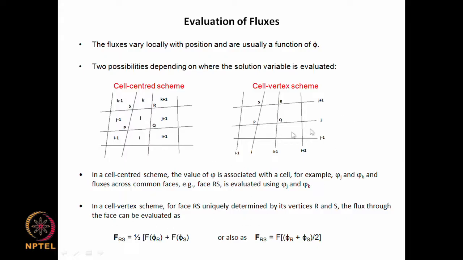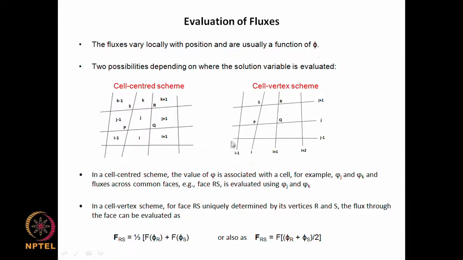In a cell vertex scheme, if you want to determine the fluxes, then it has to be evaluated using the vertex values. For example, if you know the variable value at R and S, then you can say the flux through this face RS is evaluated as 1/2, it should not be 1/3, 1/2 of the flux value based on phi of R and phi of S, because in general flux varies with phi.